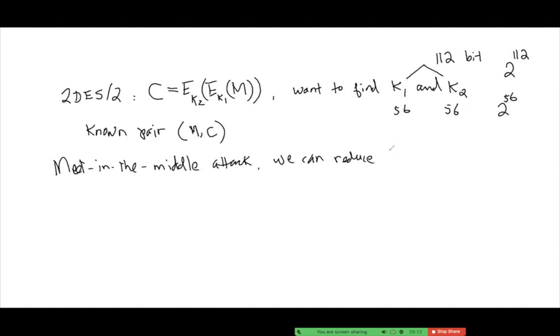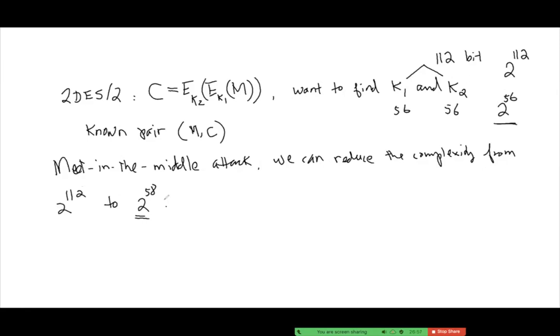We can reduce the complexity from 2 to the 112 power to 2 to the 58 power. So 2 to the 58 is not much bigger than 2 to the 56. Now let's see how we can do it.